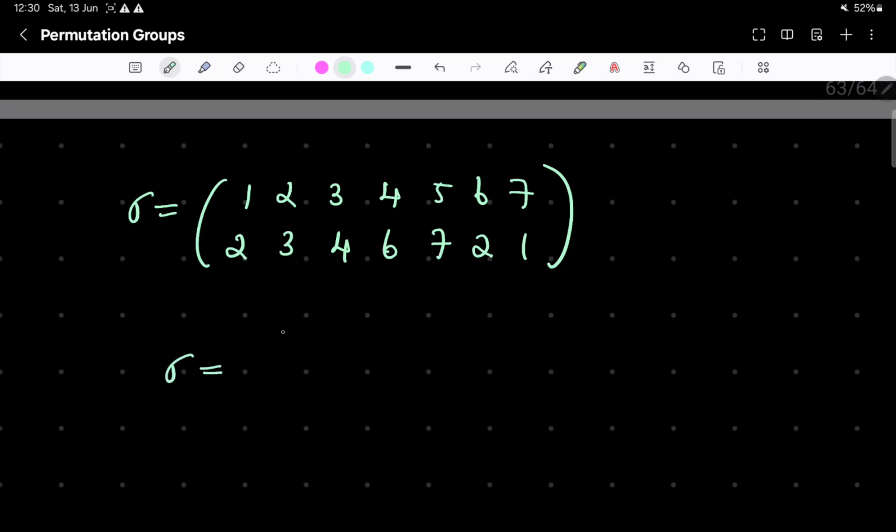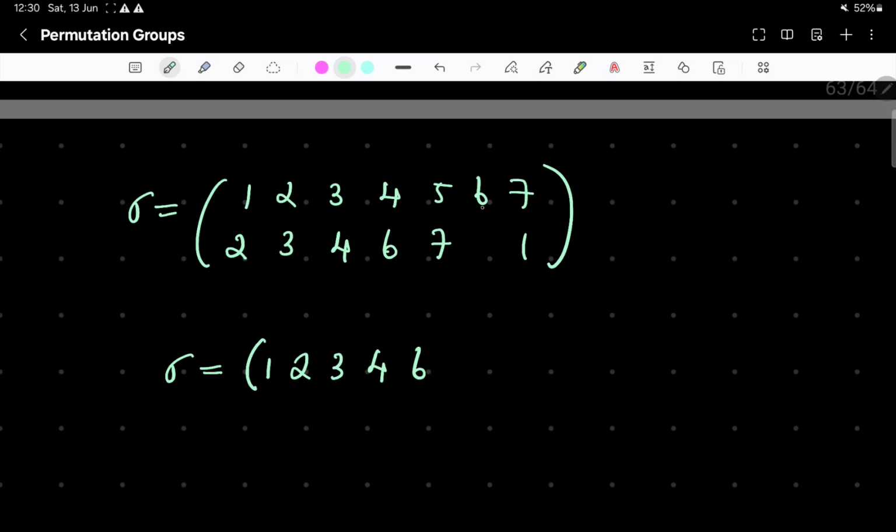Sigma can be written as, you don't have to draw the graph all the time, you start with one element. 1 goes to 2, so first where it goes, you write on the right side. 1 goes to 2, again 2 goes to 3, now 3 goes to 4, now 4 goes to 6, now 6 goes to, you should not use 2 because 2 is already used.